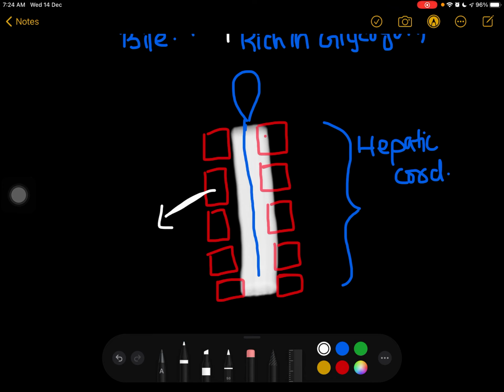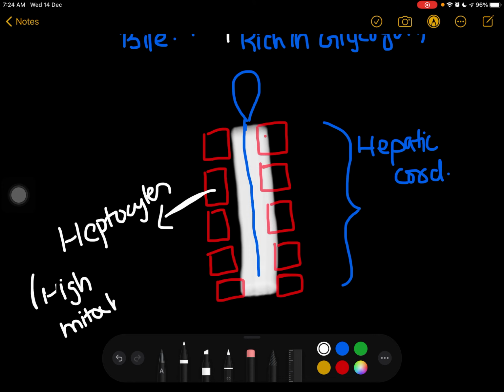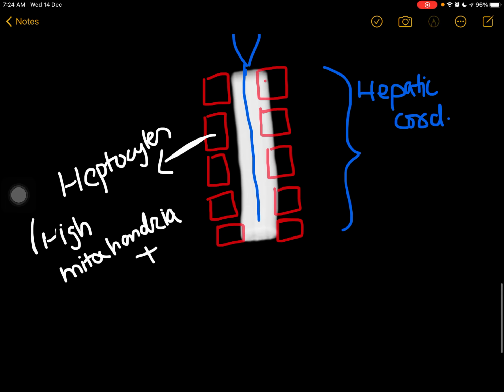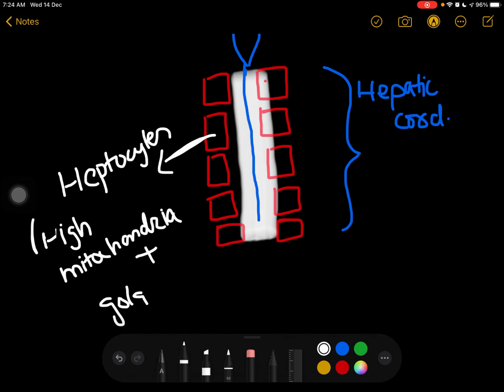These are the hepatocytes, and this whole structure is known as the hepatic cord. These cells, the hepatocytes, contain high mitochondria plus high Golgi bodies.